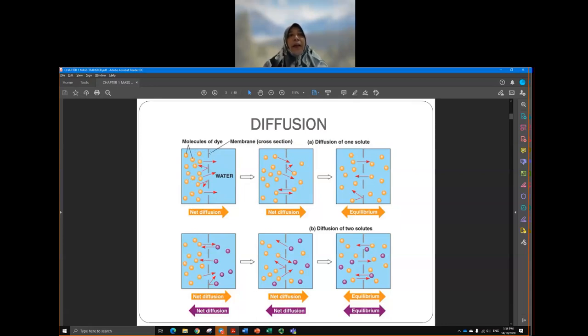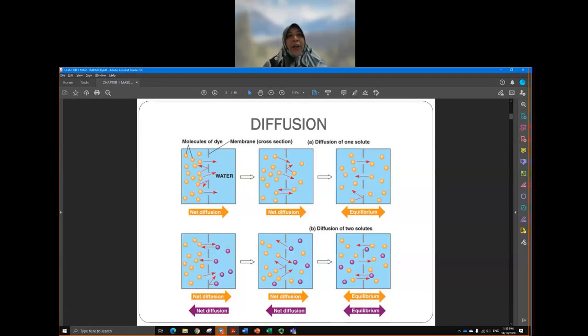Let's say you have those molecules on one side of the container, and let's call this orange particle particle A, or species A. At this place, you have a higher concentration of particle A, but on the right side, you have a lower concentration of particle A. Therefore, particle A will diffuse into the water due to the concentration gradient.